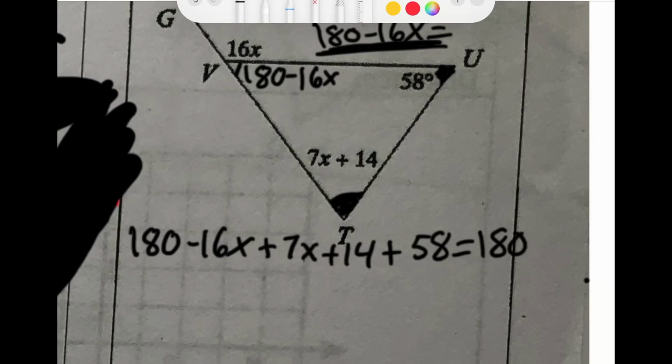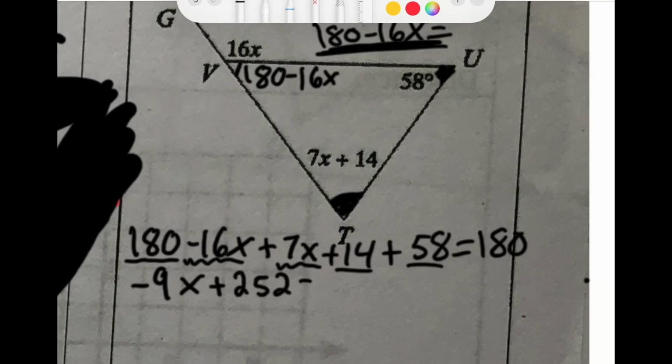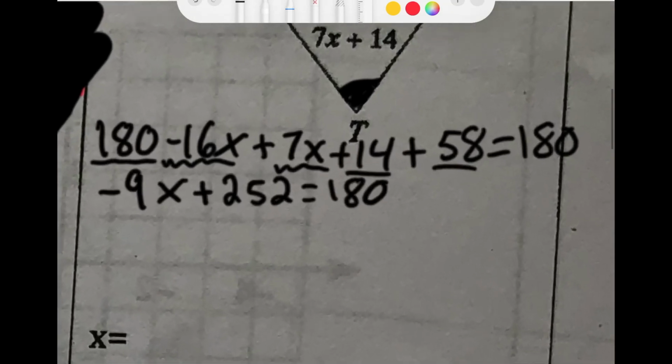Then we're going to combine any like terms we have. So first one I see is negative 16x and 7x. They both have x's. Both of the x's are to the first power. So they get combined to 9x. And then we have 180, 14, and 58. They combine to 252. And then the 180 is still all by itself on the right side.